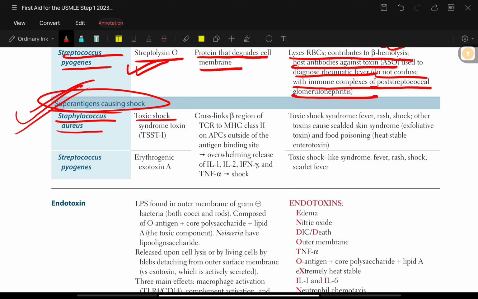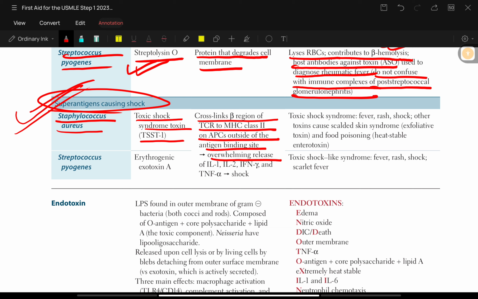The toxin produced is toxic shock syndrome toxin, TSST-1. It cross-links beta regions of the TCR to MHC class 2 on APCs outside of the antigen binding site. This causes an overwhelming release of interleukin 1, interleukin 2, interferon gamma, and tumor necrosis factor alpha, leading to shock. Also, Streptococcus pyogenes erythrogenic exotoxin A has the same mechanism.